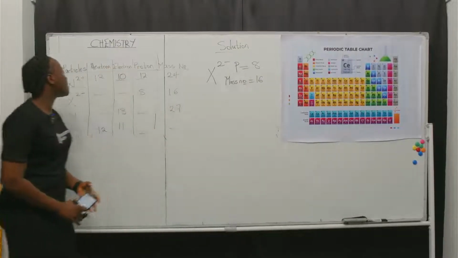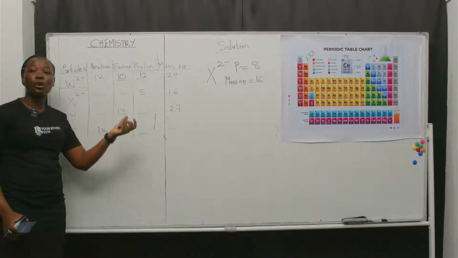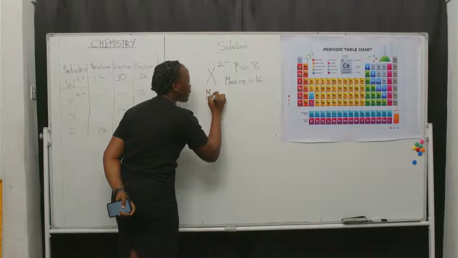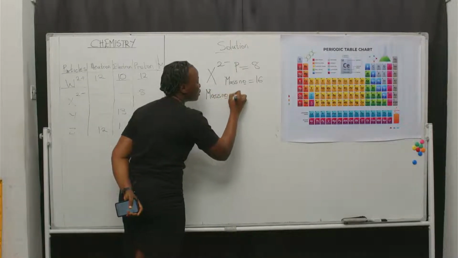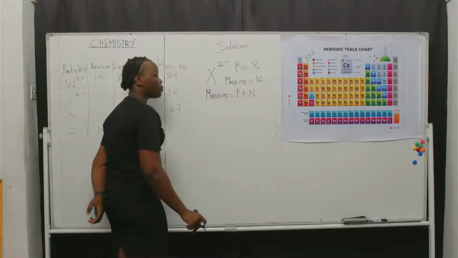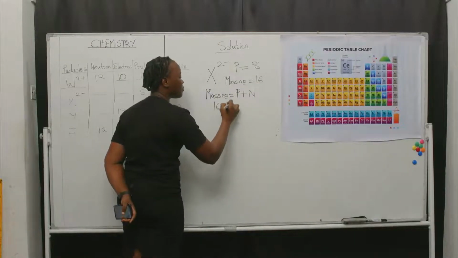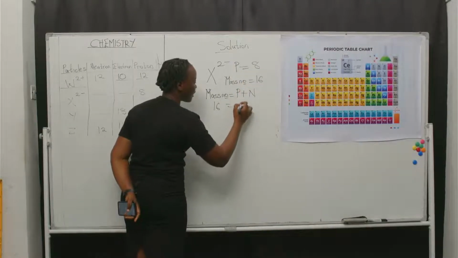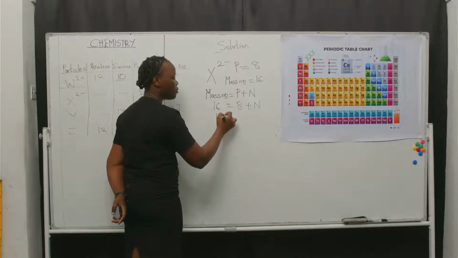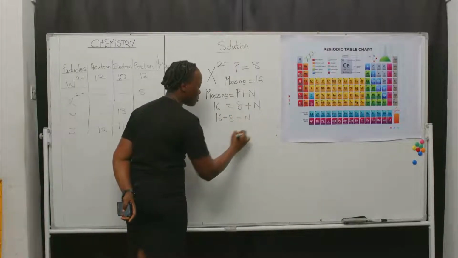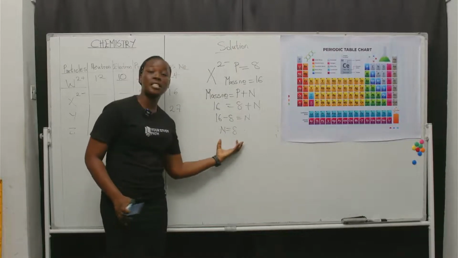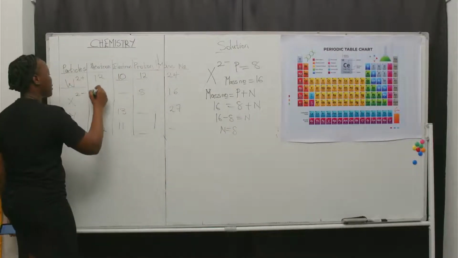We have to calculate the neutron number and the electron number. But we all know that mass number is equal to the number of protons plus the number of neutrons. This is 16. This is 8. So this will be 16 minus 8, which is n. So n is 8. So our neutron number is 8. So we can write 8 here.